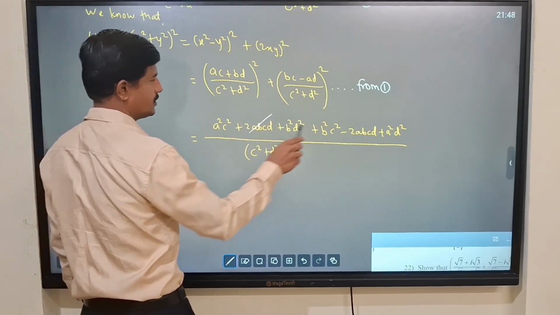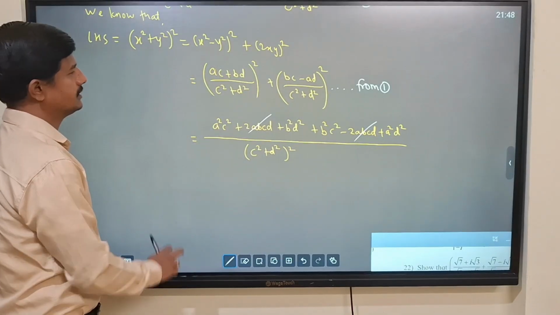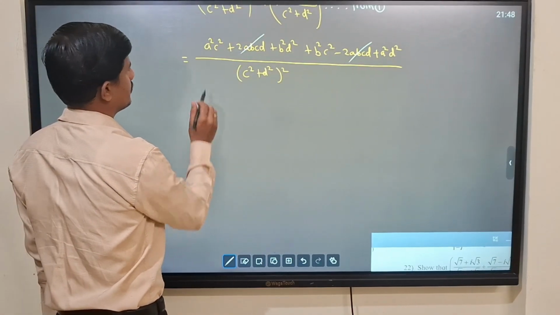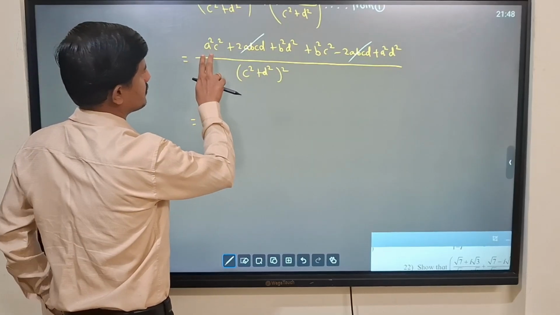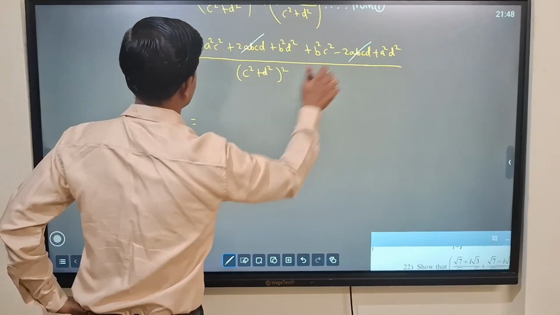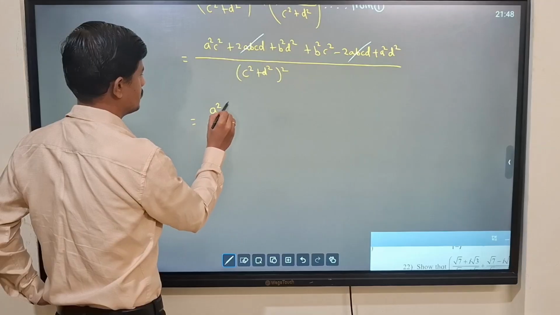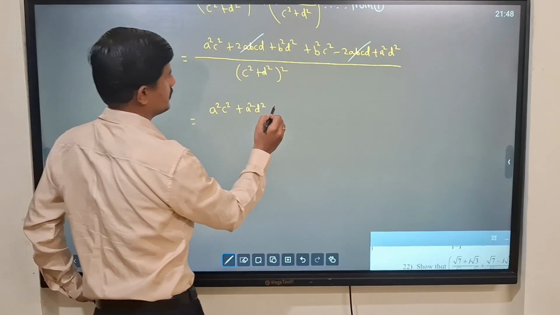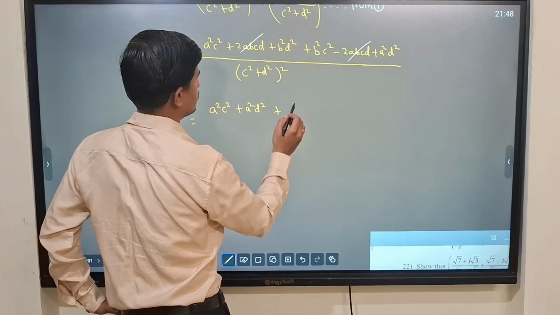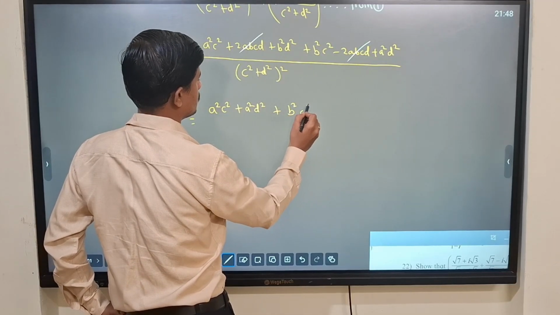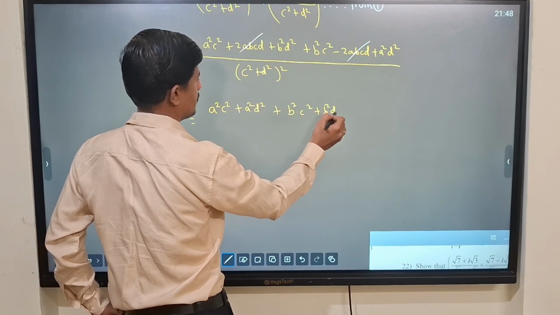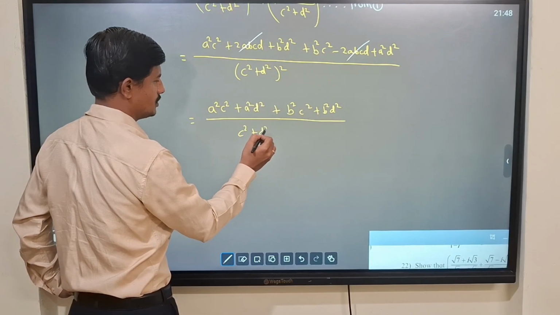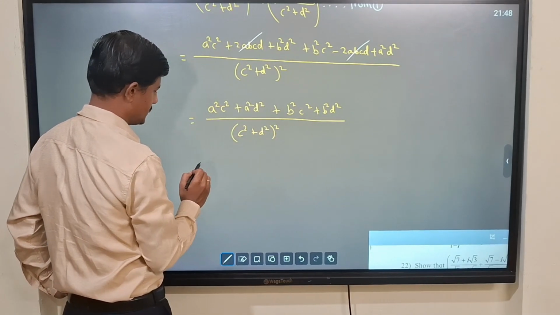So this plus 2abcd minus 2abcd get cancelled. Now what remains is a square c square is here and a square d square is here. So I will write down those in combination: a square c square plus a square d square, plus here it is b square c square plus b square d square, upon (c square plus d square) whole square.